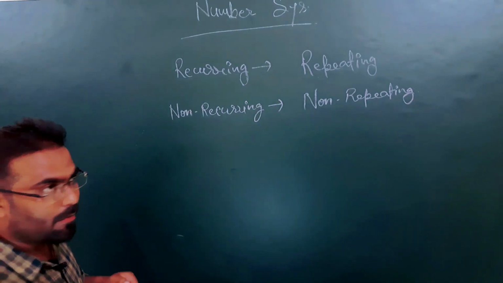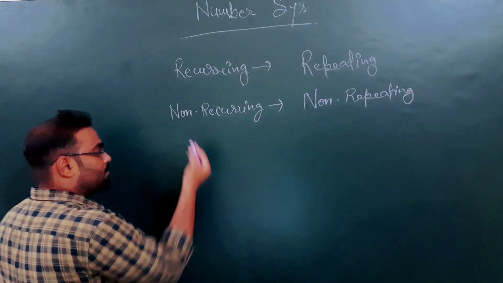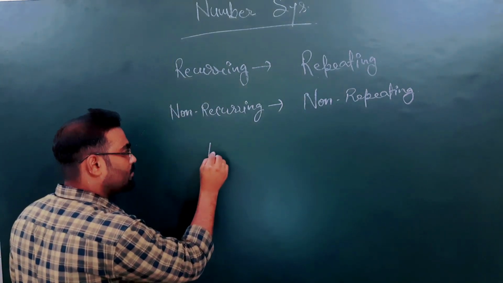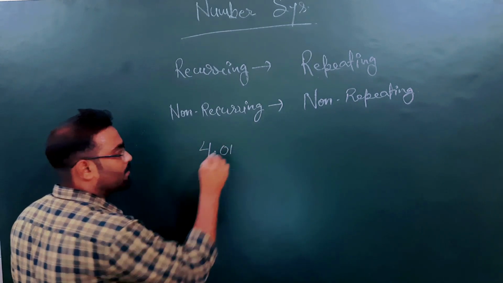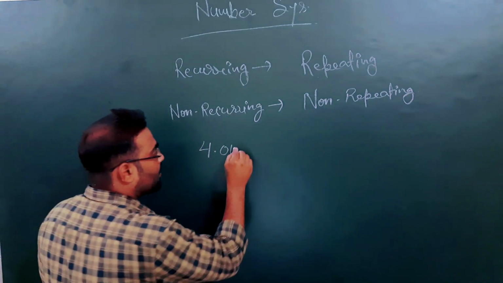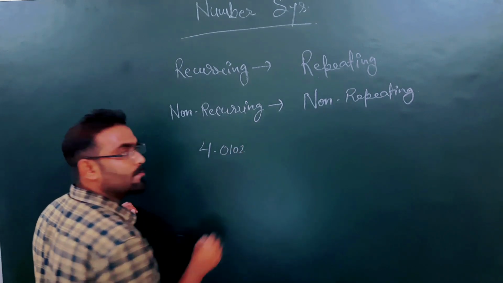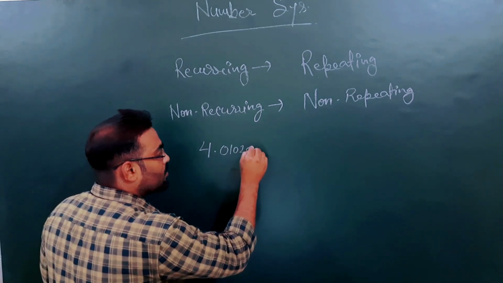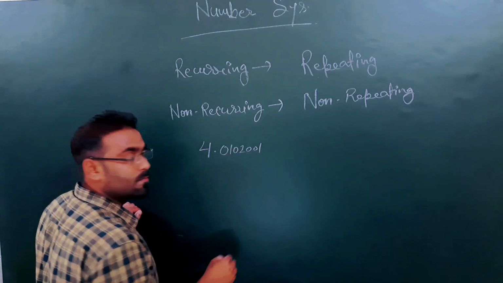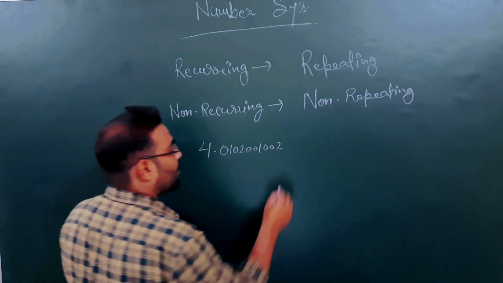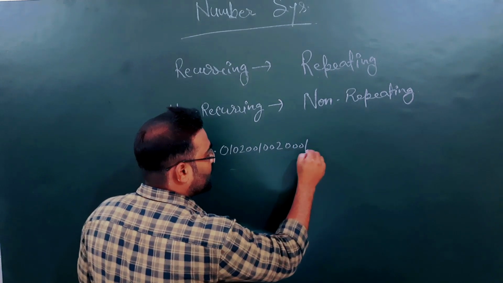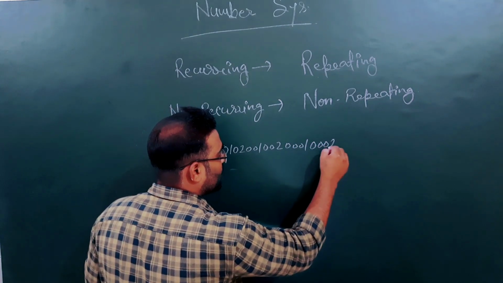Now non-recurring. Let's say 4.01, 0, 2, 0, 0, 1, 0, 0, 2, 0, 0, 0, 1, 0, 0, 0, 2.